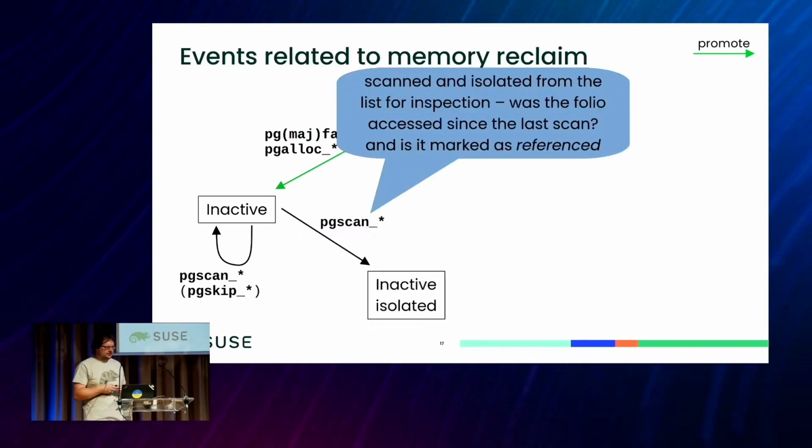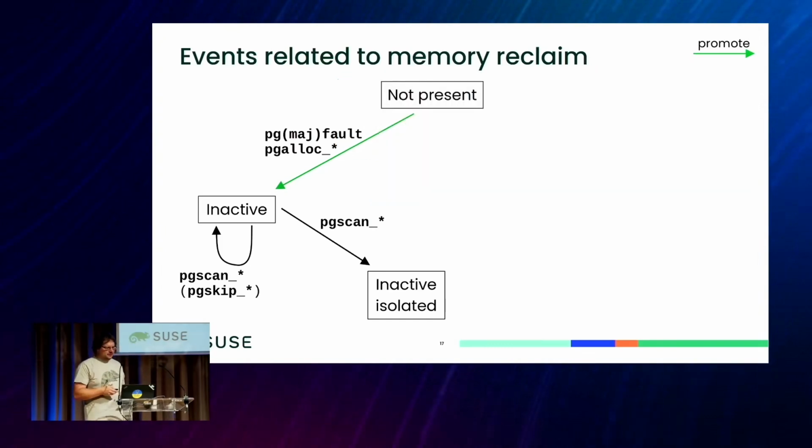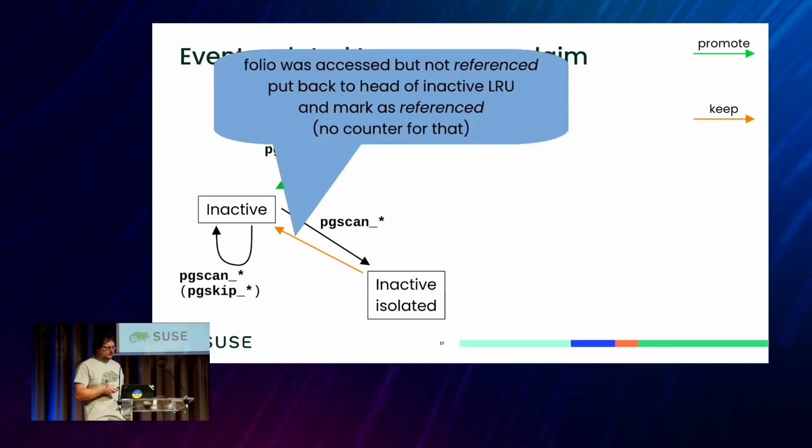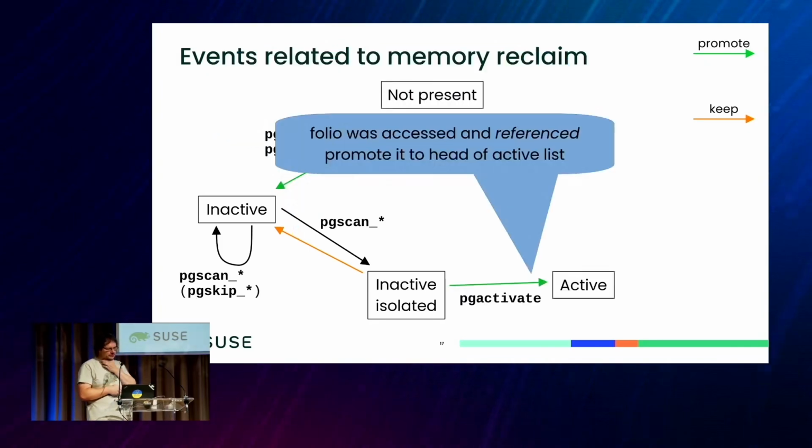If it succeeds the isolation, again the pgscan counter is incremented, and then it checks whether it was accessed since the last scan, looking at the page table accessed bits, and if it was, it marks it as referenced and puts it back on the inactive LRU to see whether that was just a one-time access or there will be more of them. There's no counter for this particular action.